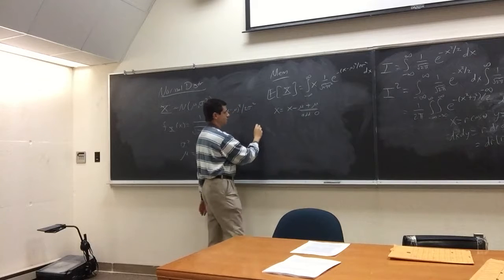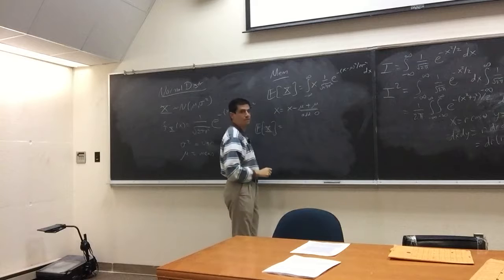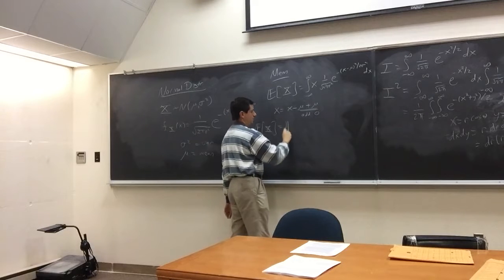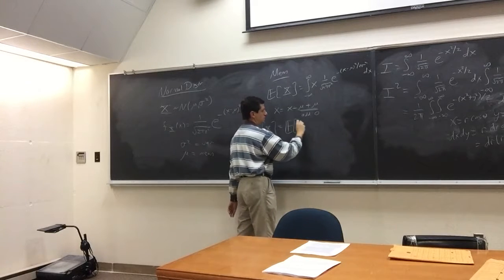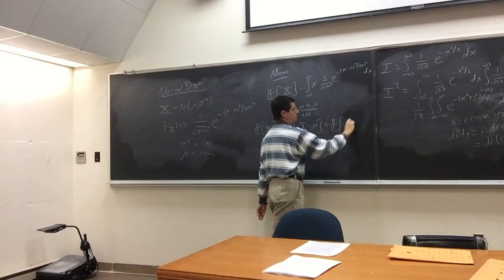And now we get that the expected value of x is going to be the expected value of x minus mu plus the expected value of mu.